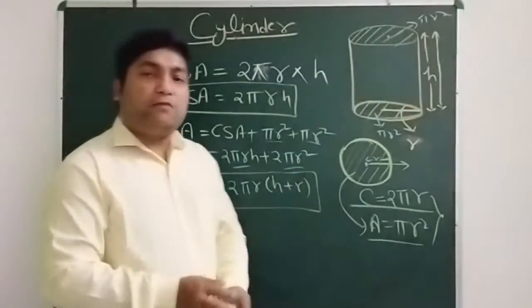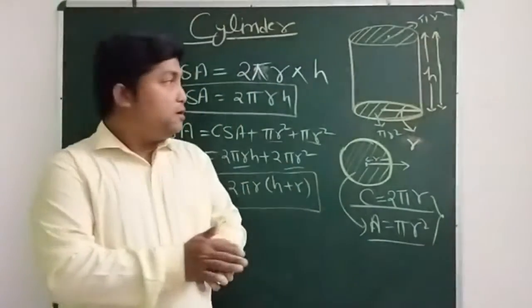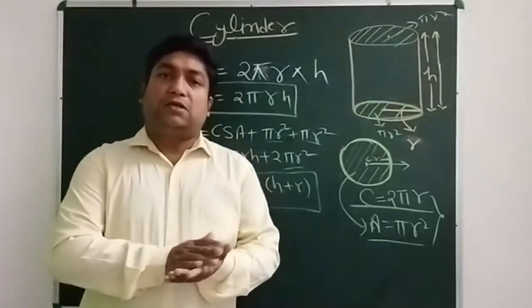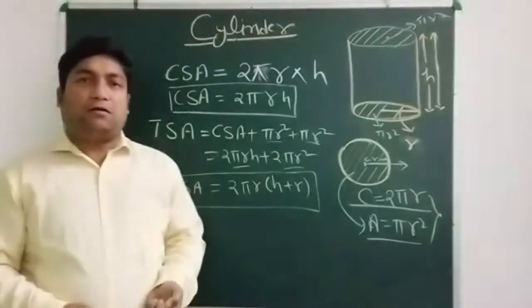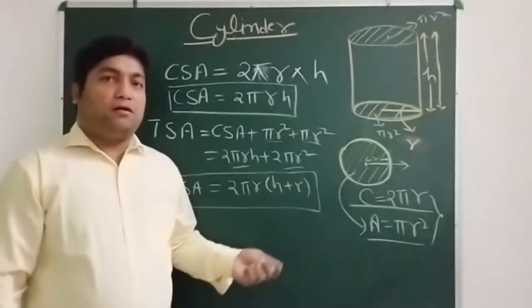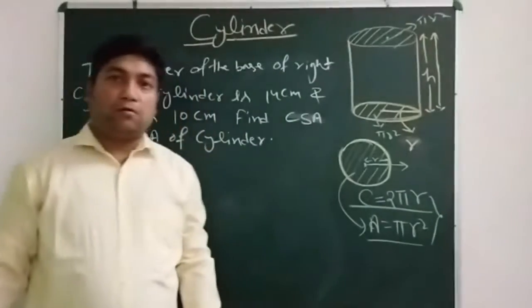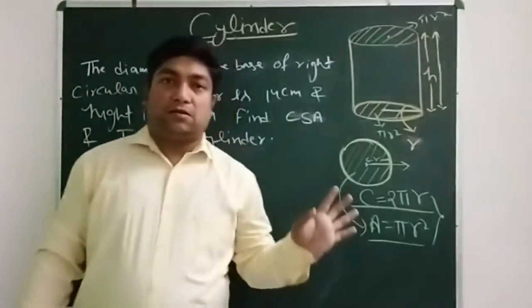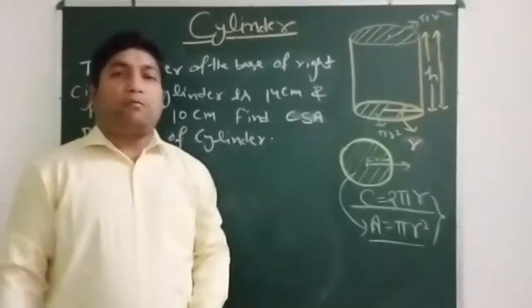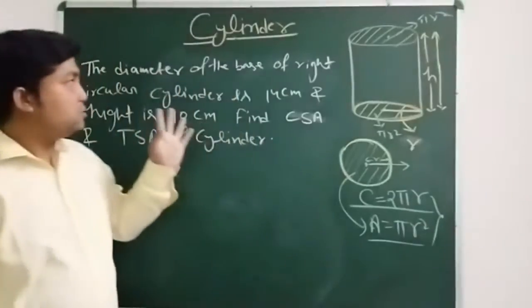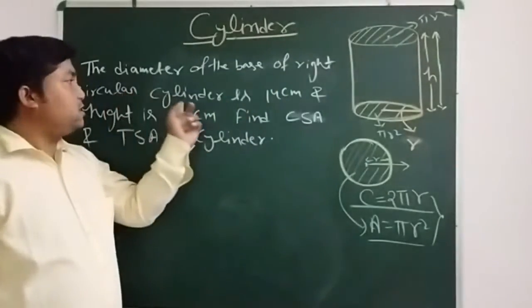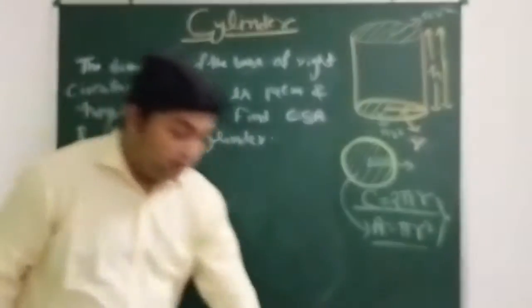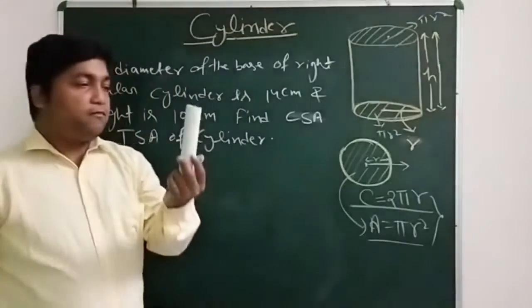Okay, from this formula we can easily find the answers to different types of questions. Just see one example question. The question is: if the diameter of the base of a right circular cylinder is 14 centimeter, for example, we have a cylinder.